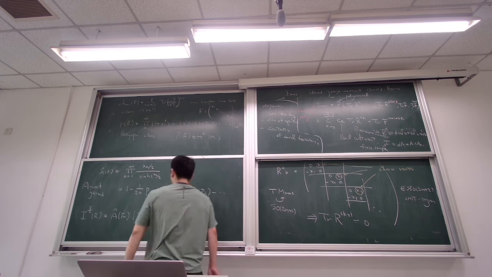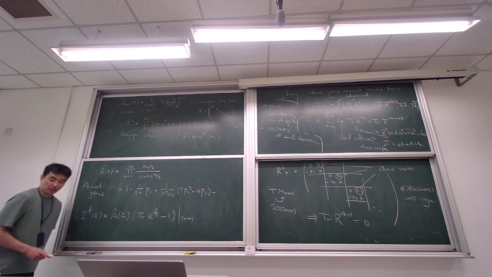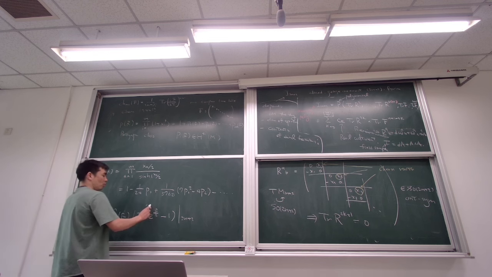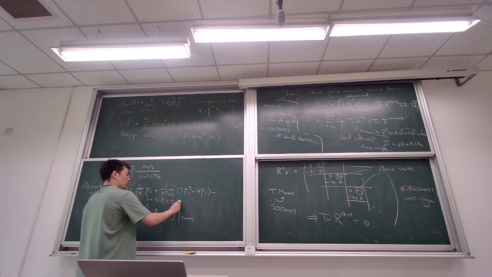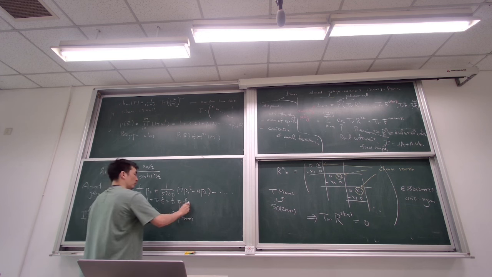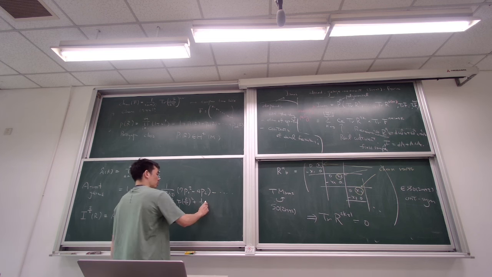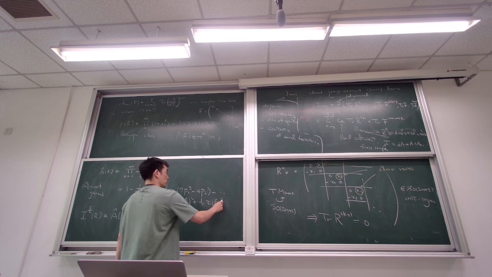If you multiply them together with e to some power, it's just a Taylor expansion: trace of R over 2, plus 1 over 2 factorial trace of R squared, plus dot dot dot, and the cubic term, trace of R over 2 cubed, and so on.